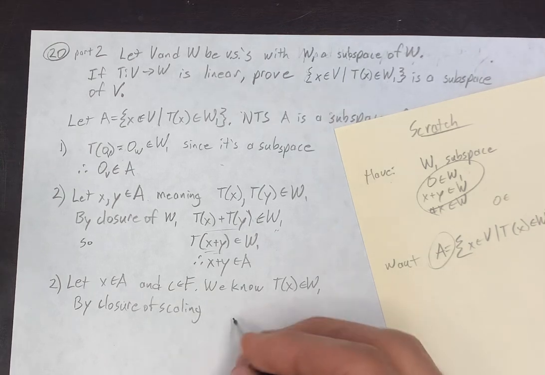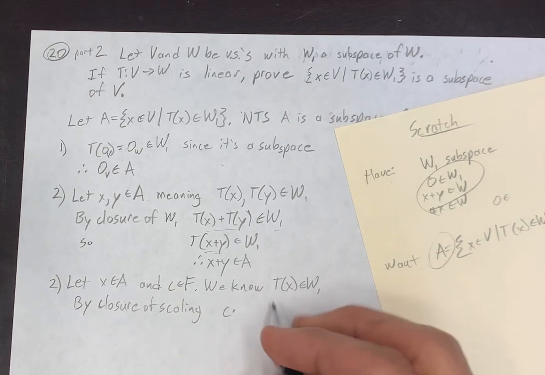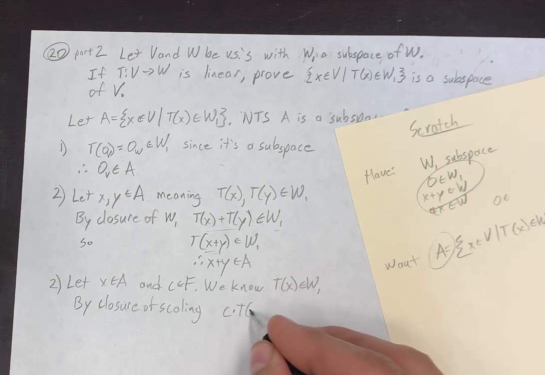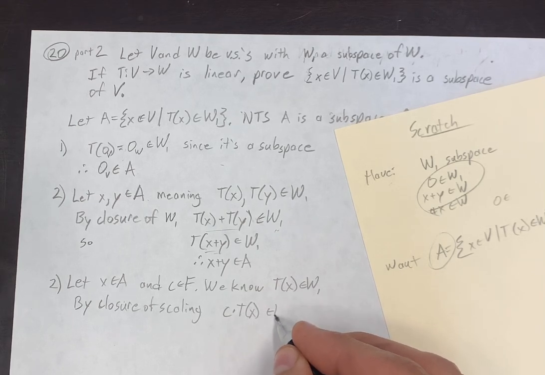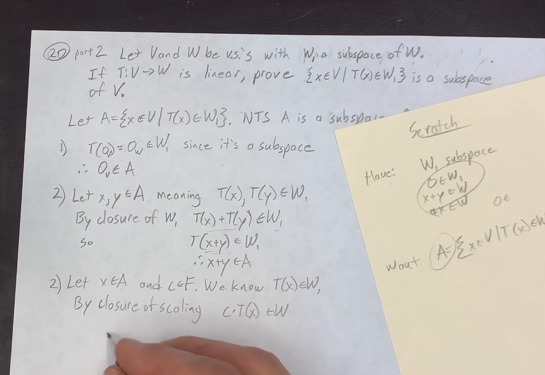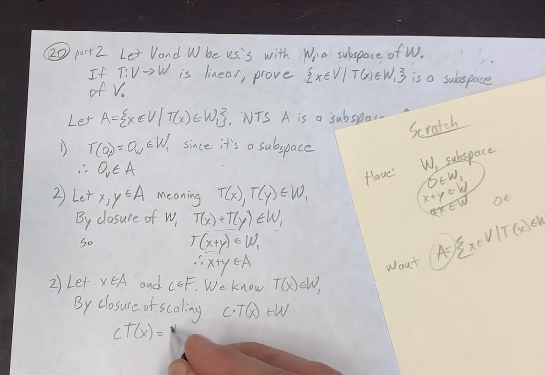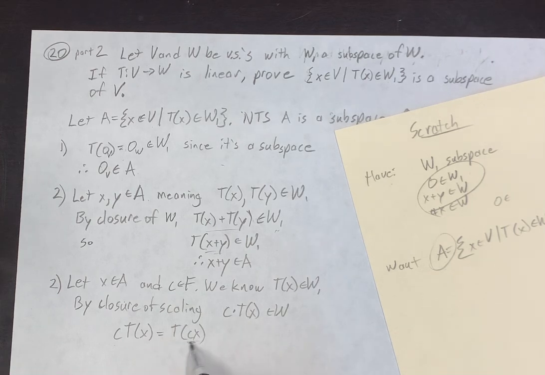Well, you guessed it, C times T of X is in W1. C of T of X equals T of CX, right? And so what were we trying to show? T of CX.